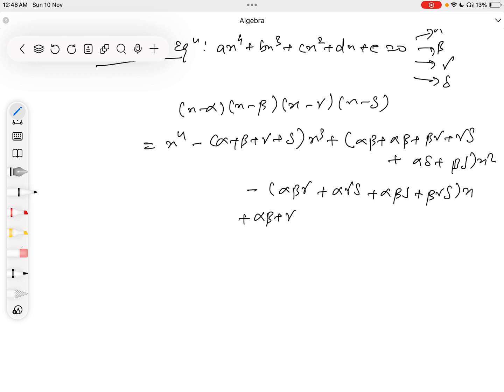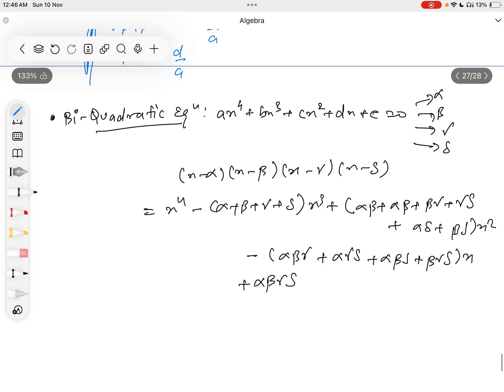Now you can compare and find out what you are getting. Mostly in CAT you won't see questions on biquadratic, it's limited to cubic itself.